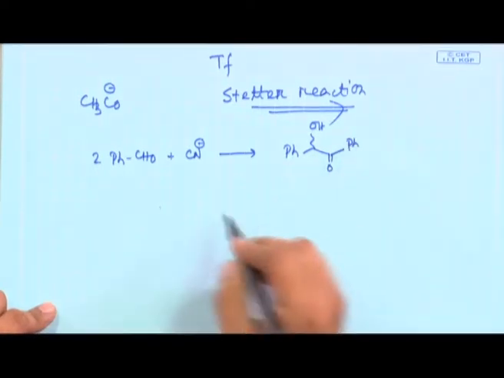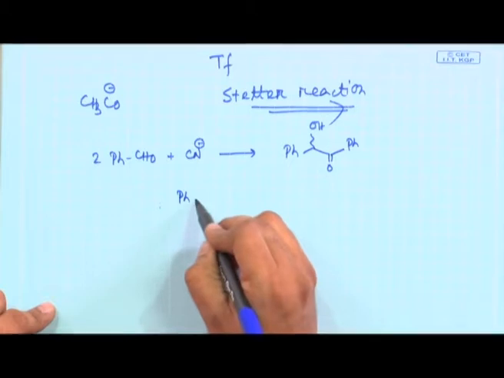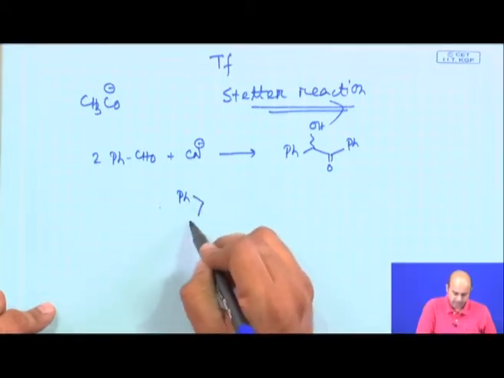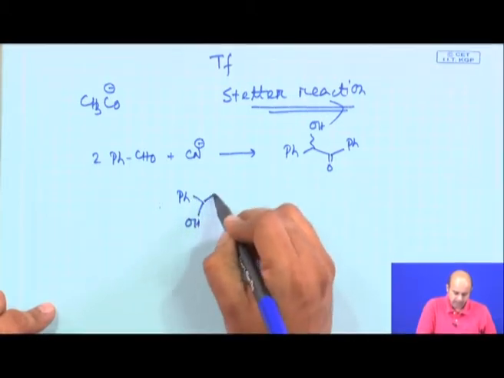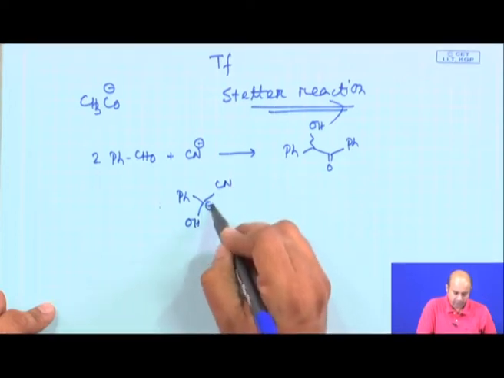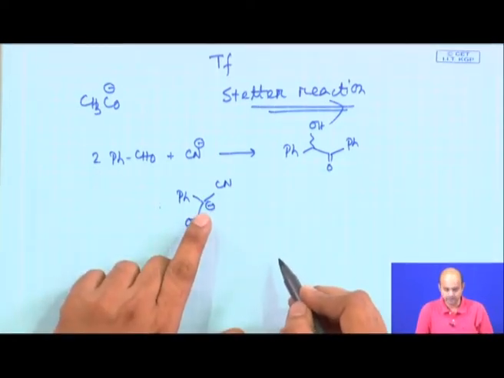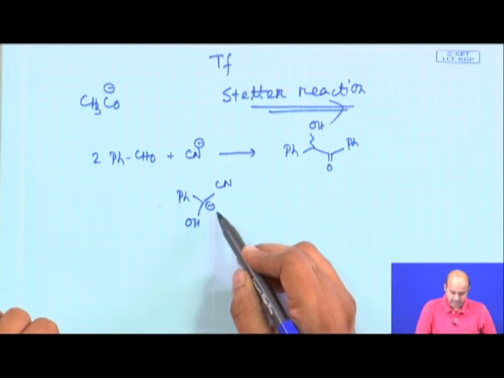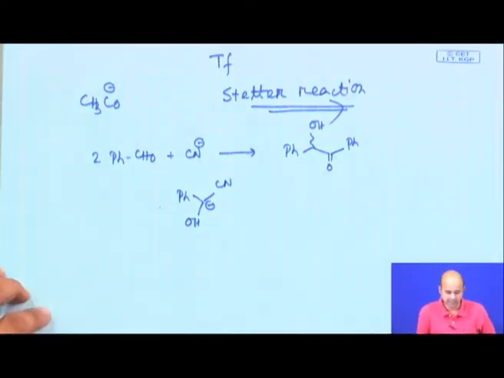Now, the benzoin reaction basically goes through a mechanism similar to the umpolung mechanism. This kind of species is in reality generated, and this basically attacks another molecule of benzaldehyde.